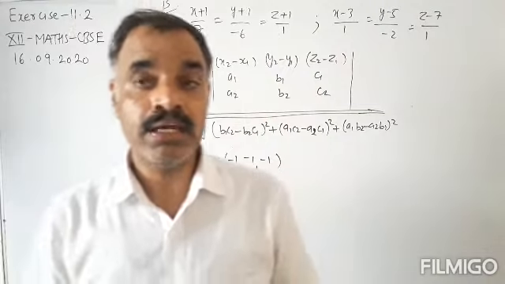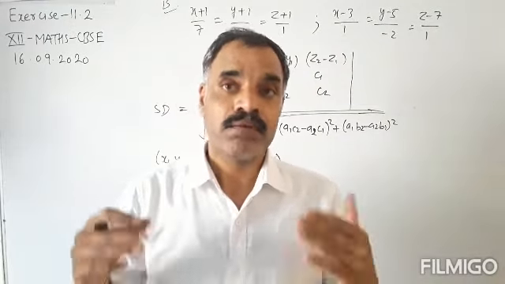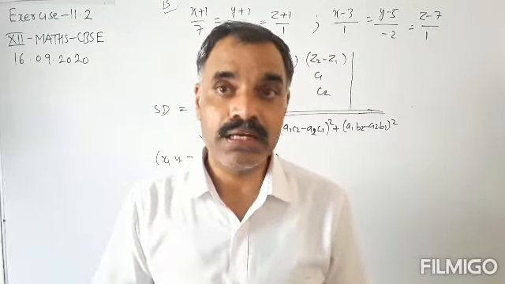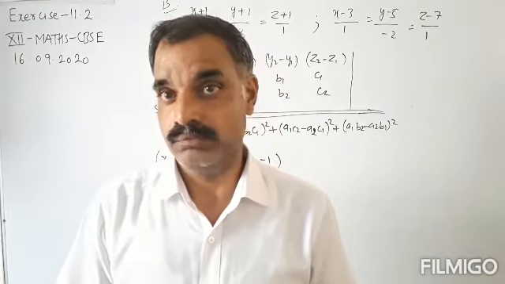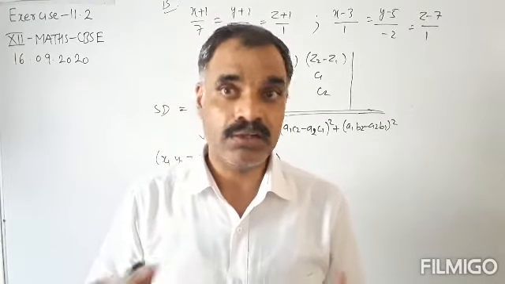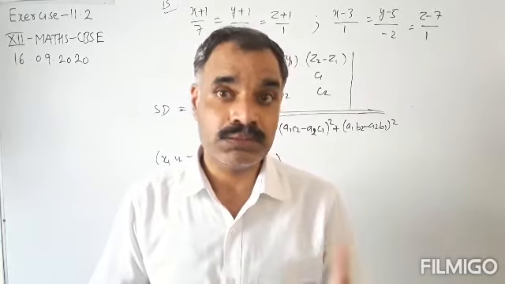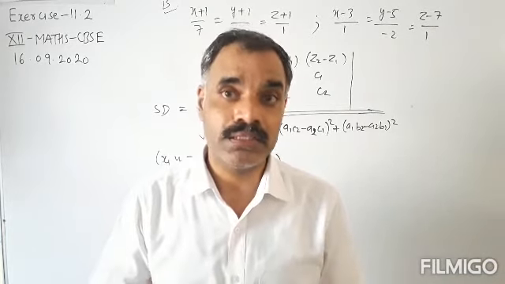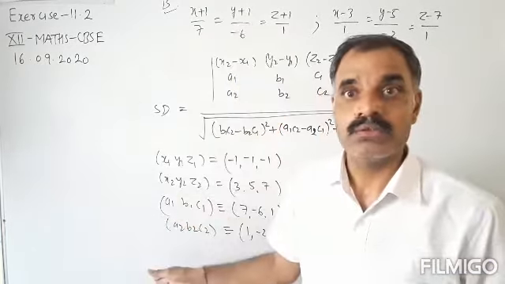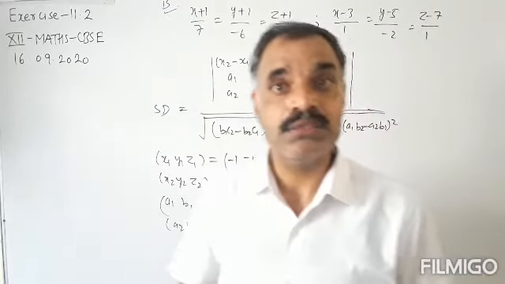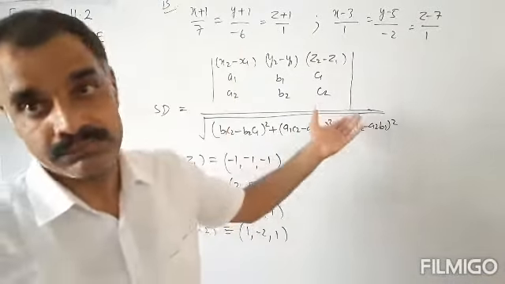Okay, here we have to remember that both the given lines are in standard form. If they are not in standard form, then we have to first convert them into standard form. After that we will sort out these values, and after sorting out these values we have to put them in this formula only.